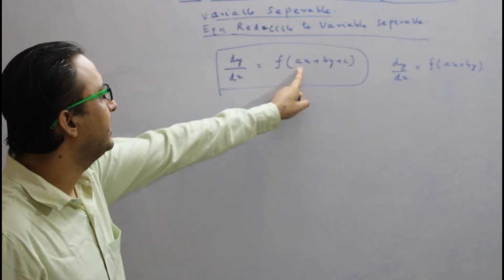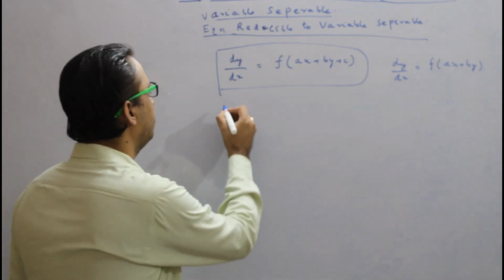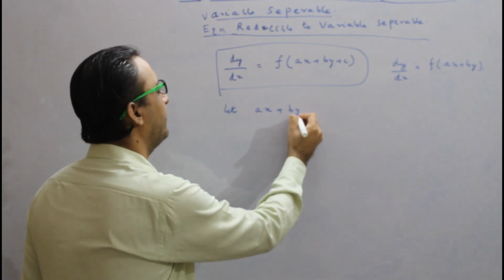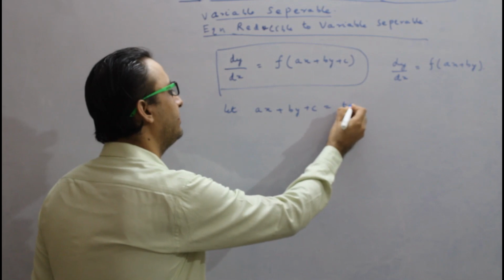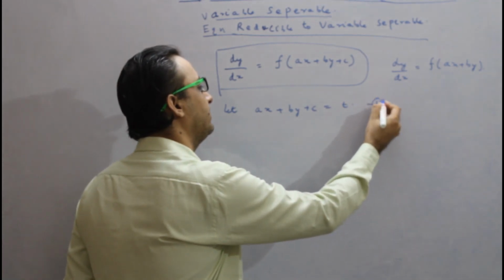We can see that ax plus by plus c, we can take it as t. Ax plus by plus c is equal to t. Now, we will call this our equation 1.